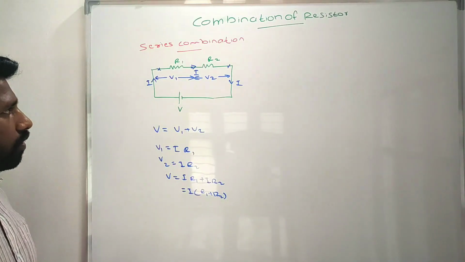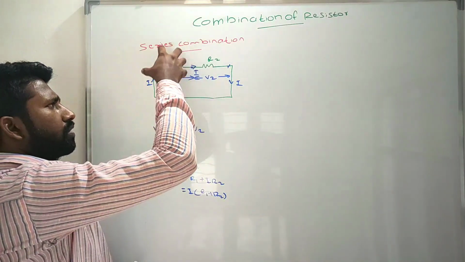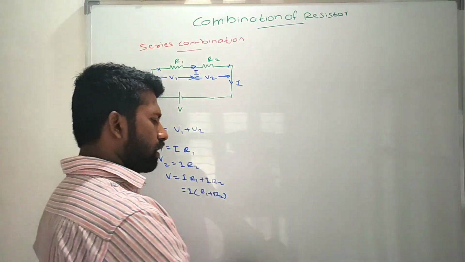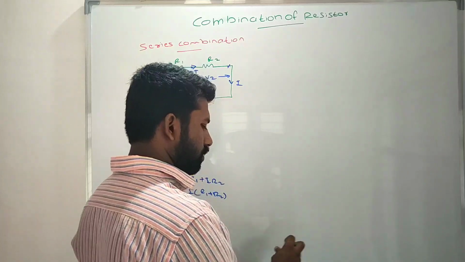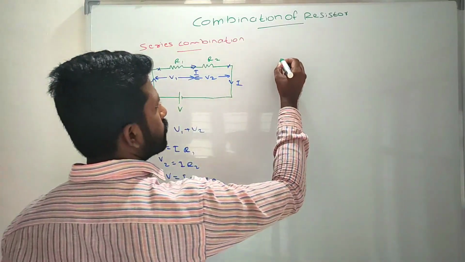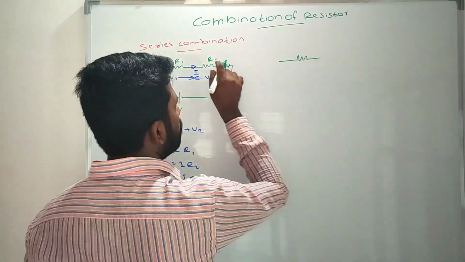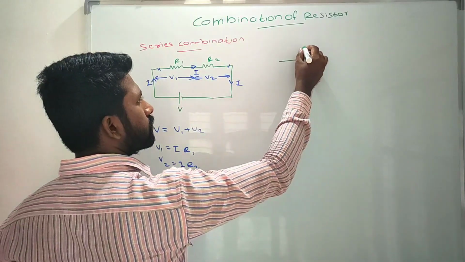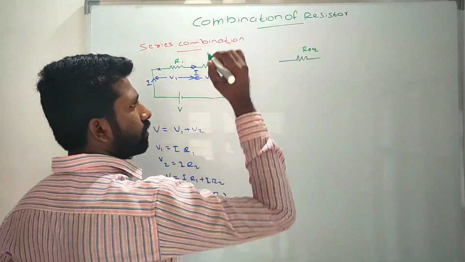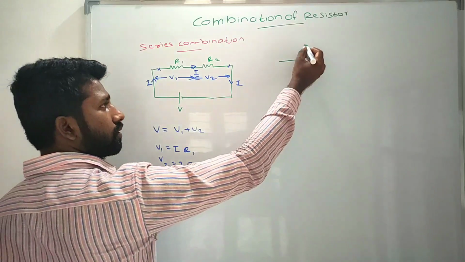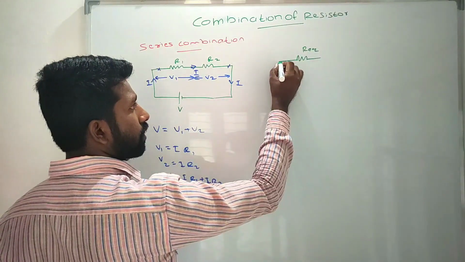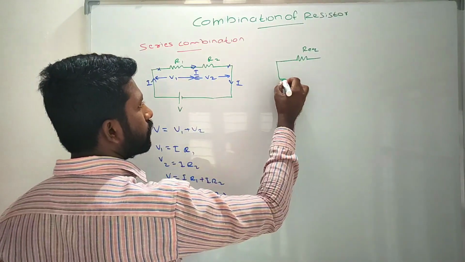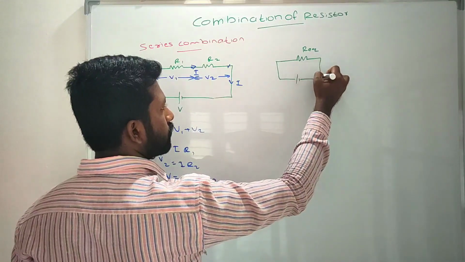Clear? Now I am going to change this network into a single resistor. This resistor has resistance R equivalent, and the same voltage source is connected.